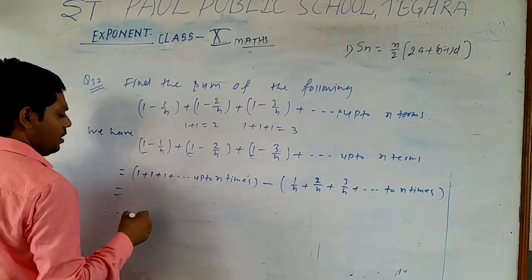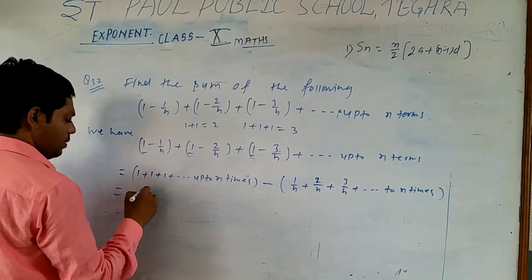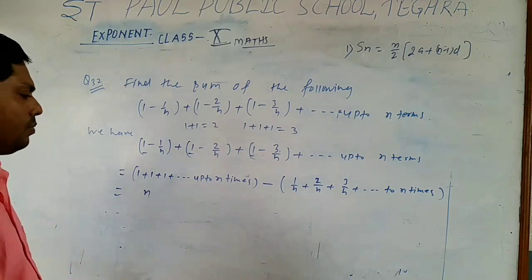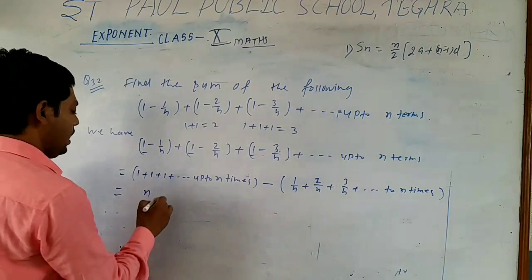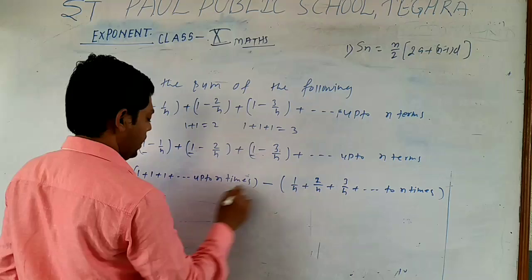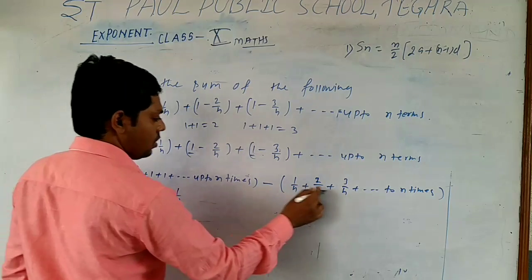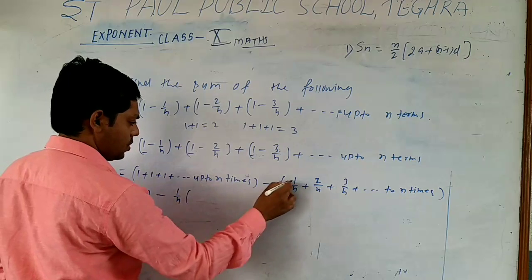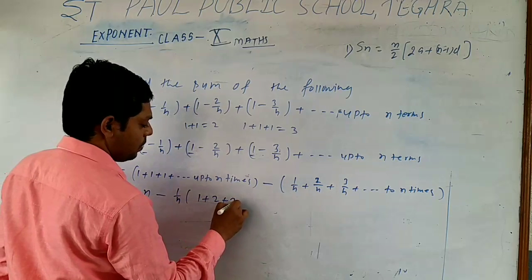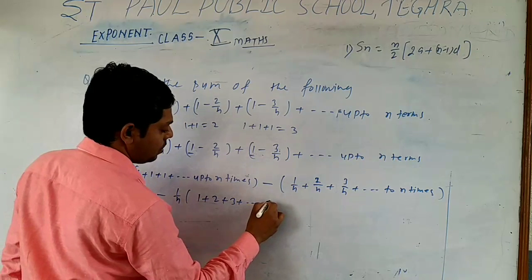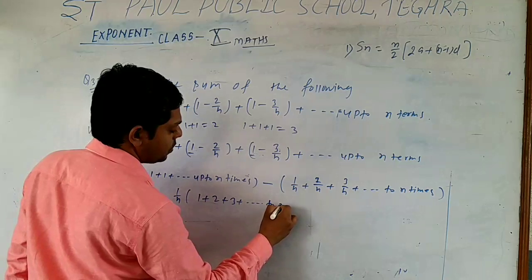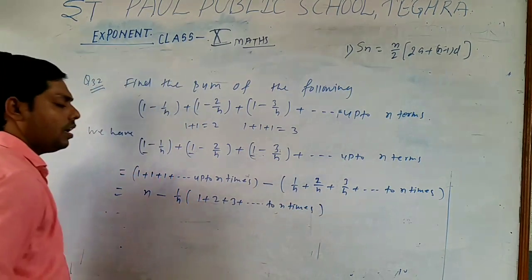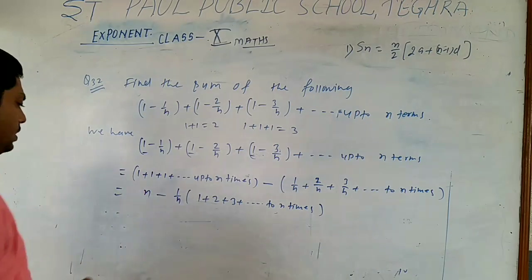If we add 1 n times, this becomes n. The sum of 1 up to n times is n. And by taking common 1 by n from each factor, we have 1 plus 2 plus 3 plus so on up to n terms.